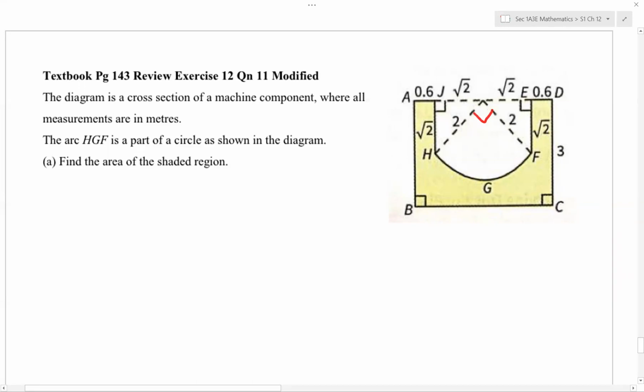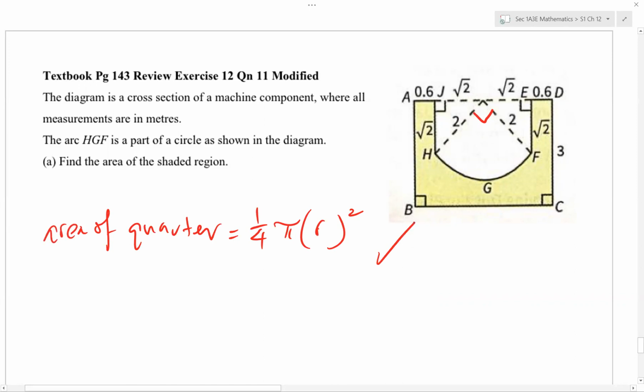With that, it is confirmed that it is 1/4 of a circle. And for 1/4 of a circle, we can find the area easily. Area of the quarter is 1/4 times pi r squared, where the radius is 2.